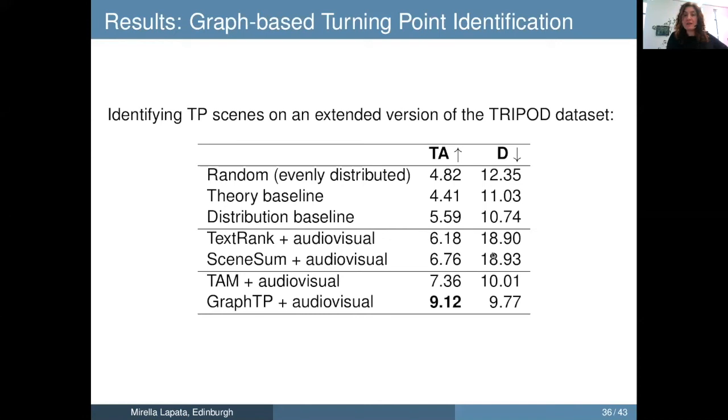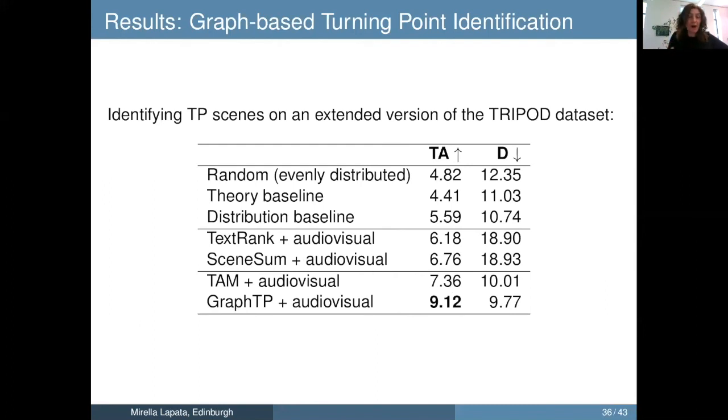What you can see here is that TextRank and SceneSum do okay with agreement, but the distance is terrible. That means that they never find the scene with the actual turning point, or even the region with the actual turning point. TAM does better, admittedly, but Graph TP is bringing improvements over and above the previous model.